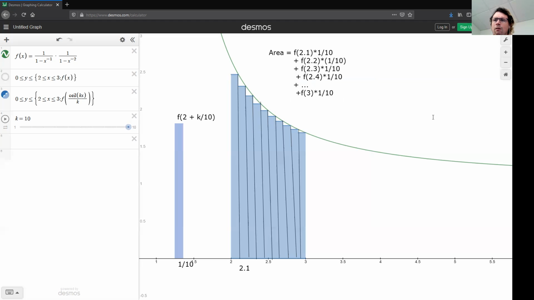Now, this formula is going to look similar when I take even more rectangles, but I'll have more things that I'm trying to add up. So to save myself from writing such a tedious formula where we all know what comes next, I just have to spell it out.